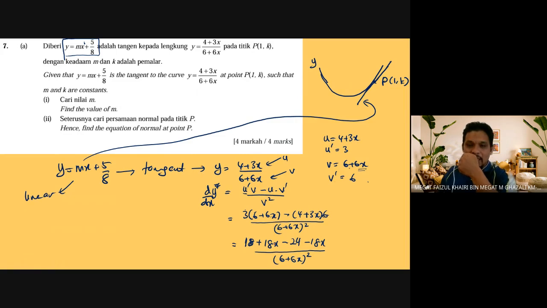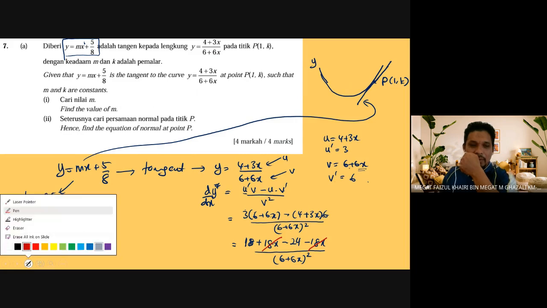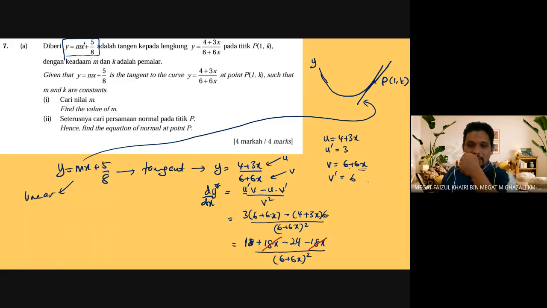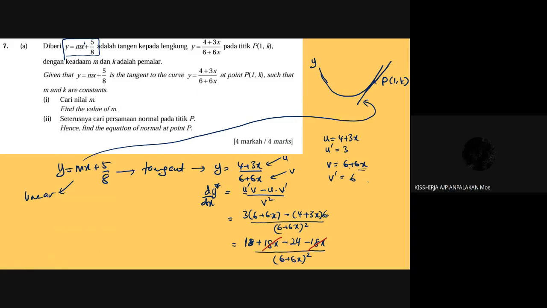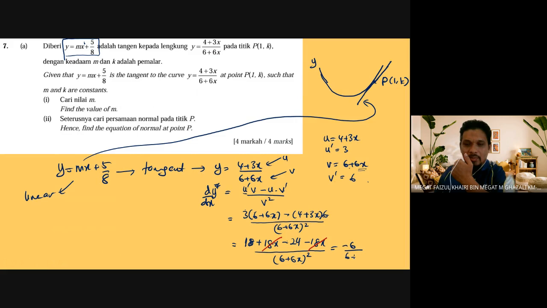Then 18x minus 18x equals 0, and 18 minus 24 is negative 6. So negative 6 divided by (6 plus 6x) squared.